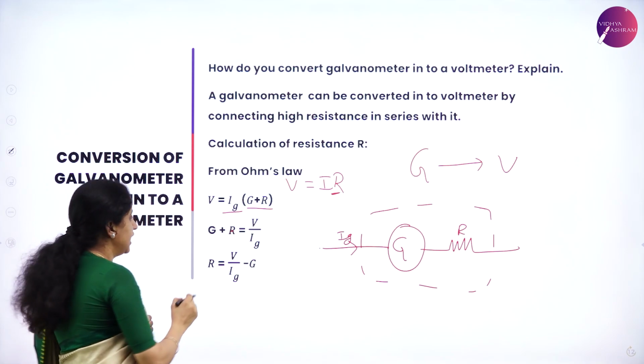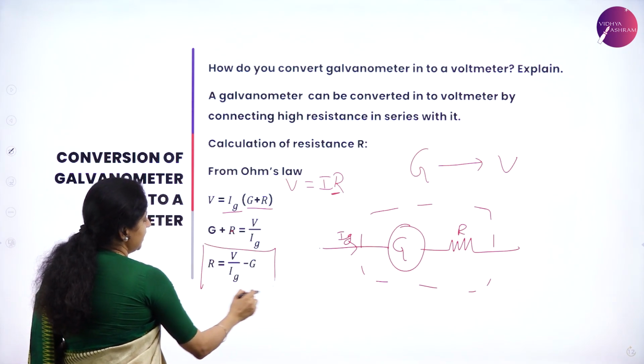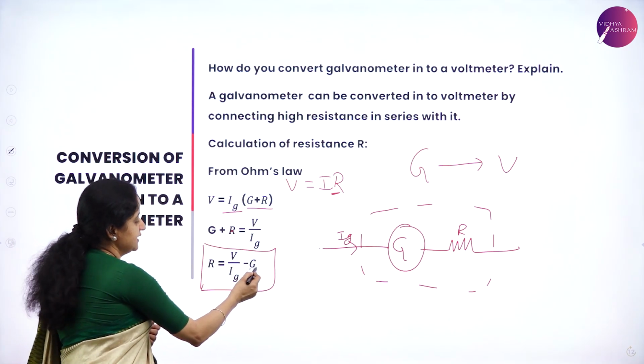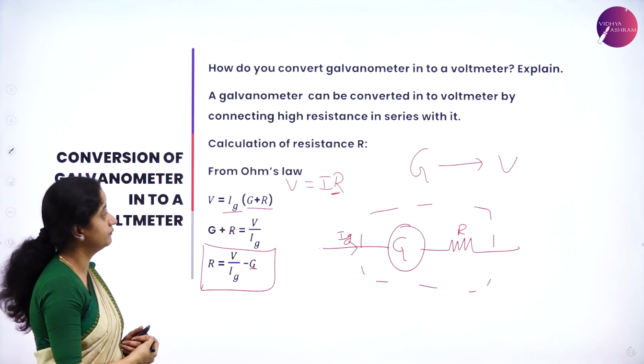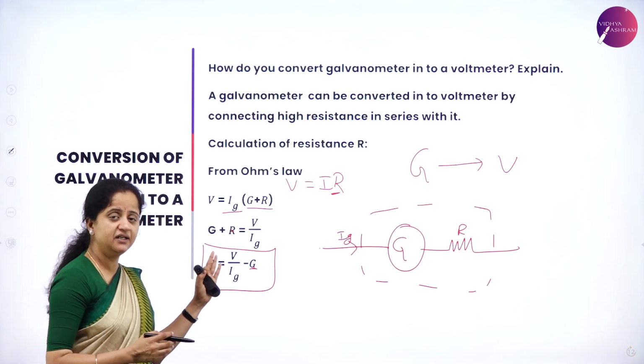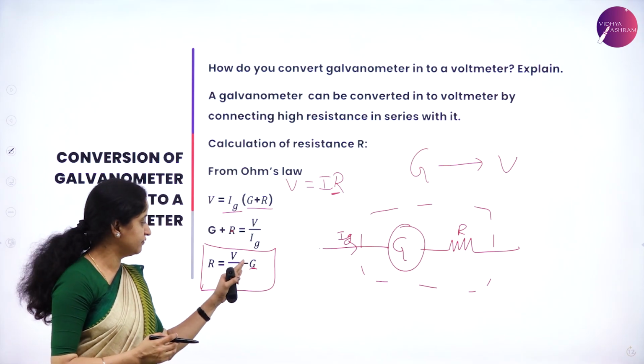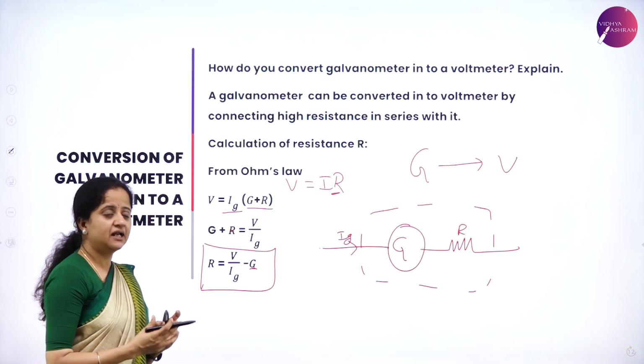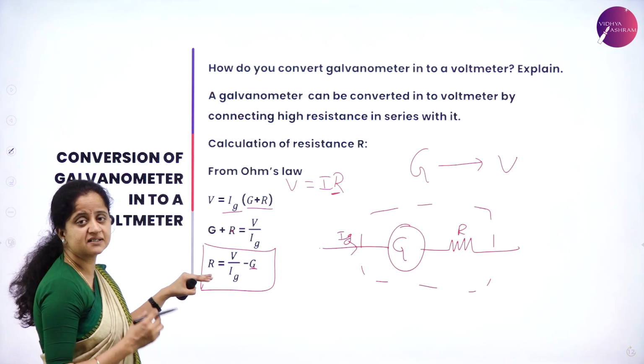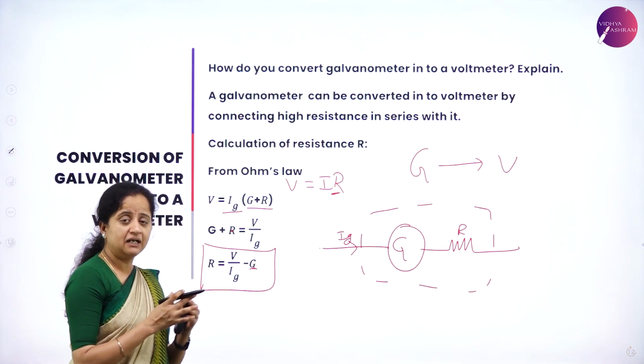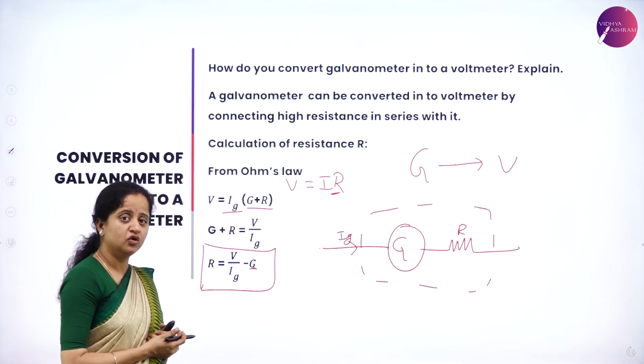We need the value of R. So R is equal to V by Ig minus G, where G is the resistance of the galvanometer. So knowing the values of V, Ig and the resistance of the galvanometer, we can calculate the value of this high resistance that has to be connected with the galvanometer to convert it into a voltmeter.